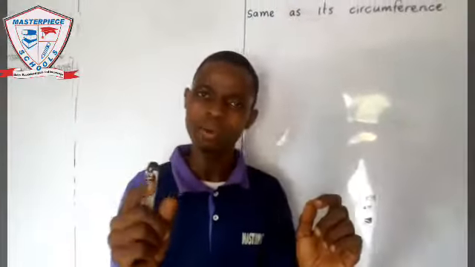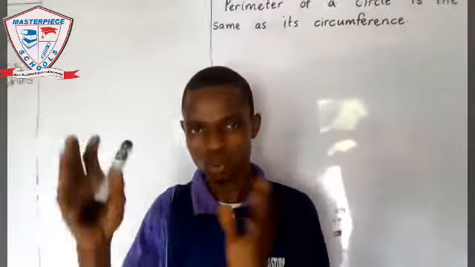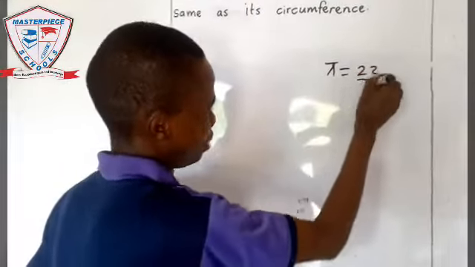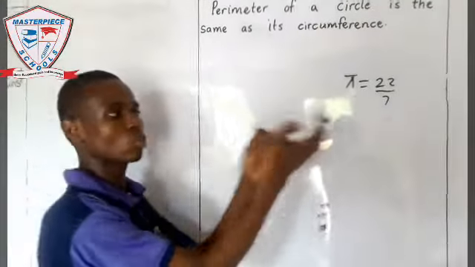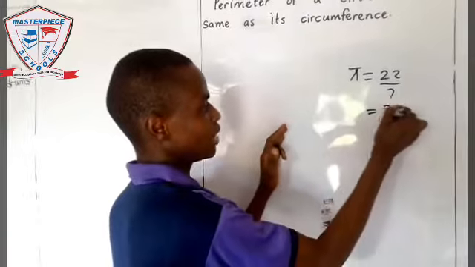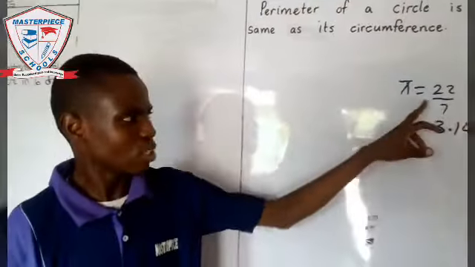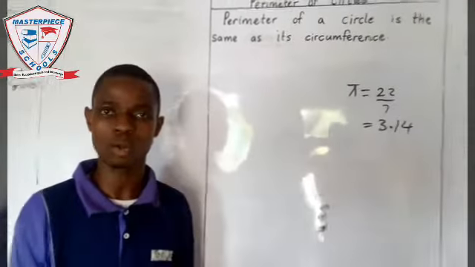Now there is something I'm going to show you here about pi, that we said pi equals 22/7. I told you last week that this 22/7 is also the same thing as 3.14. So this particular value is constant for every circle.